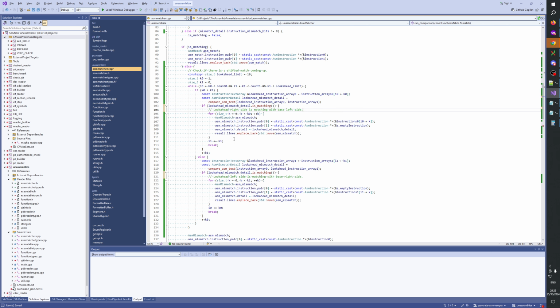And so here we push on the left side, so we need to K0, K0. Okay. Look ahead, right side is matching with base left side.